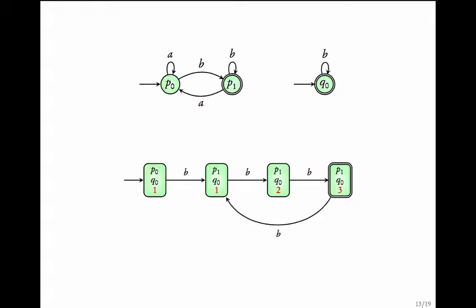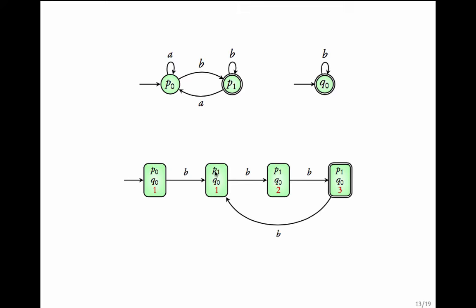Here is the automaton corresponding to the synchronous product. So we start at P0, Q0 with 1. You can read only a B because Q0 can see only a B. And when you read a B, you go to P1, Q0. Since P0 is not an accepting state, the flag doesn't change. Now from P1 Q0, on reading a B, you stay in P1 Q0.